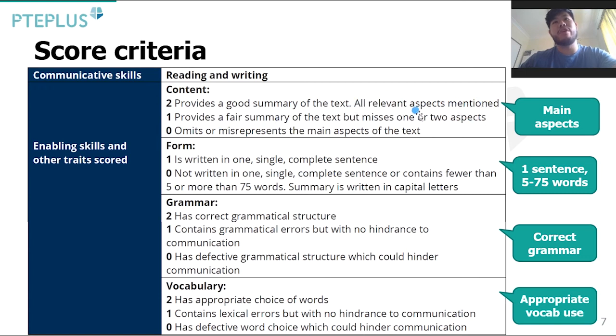And number 2, we've got the main aspects. For form, we need 1 sentence of between 5 to 75 words. For grammar, we need to have correct grammar and no grammar mistakes. And at the bottom, for vocabulary, we need to have appropriate vocabulary usage. So we'll be going into more detail for the score criteria later on in the next videos.